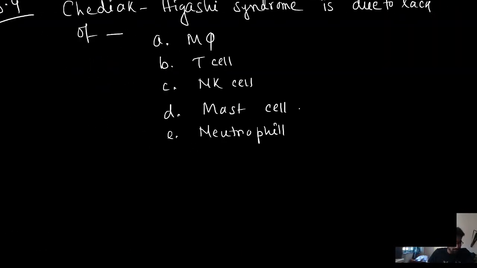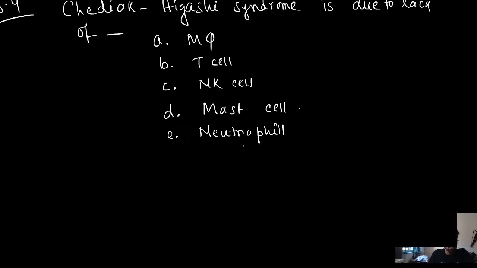Now, my fourth question: Chediak-Higashi syndrome is due to lack of macrophage, T cell, NK cell, and mast cell and neutrophil.